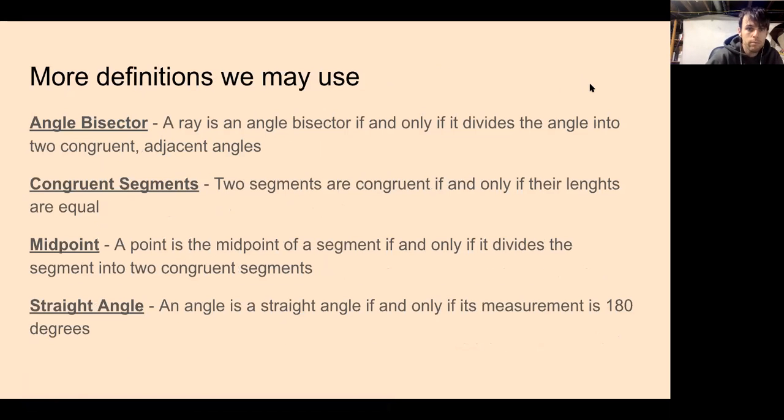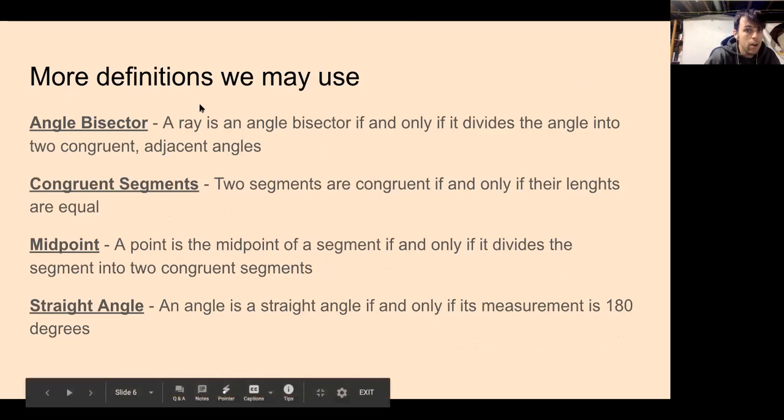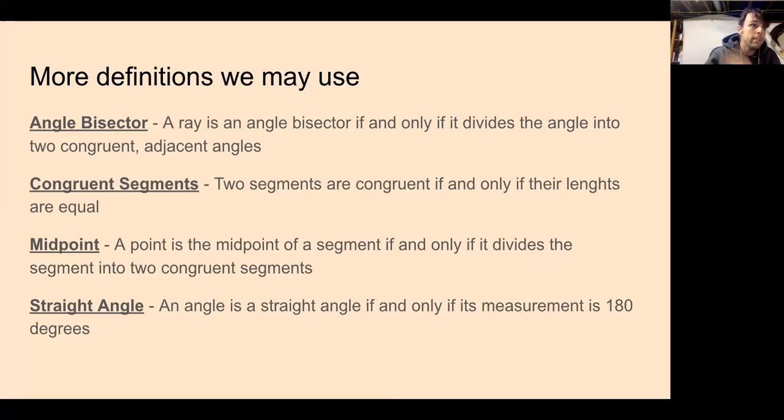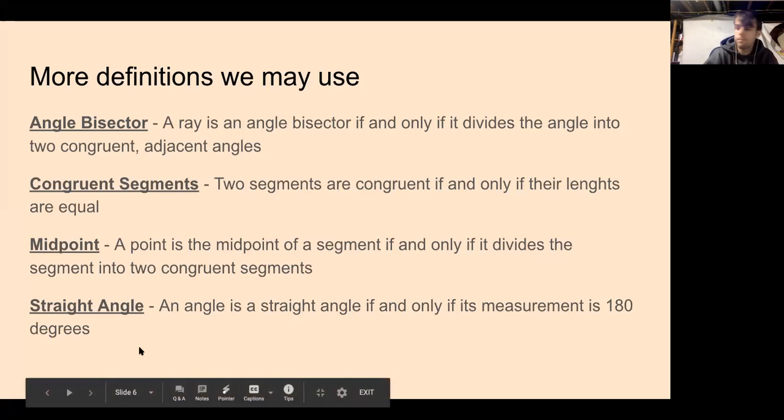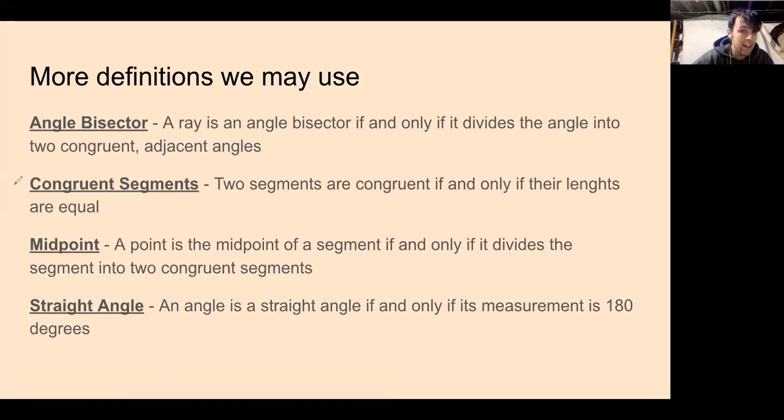So next page, some other definitions we'll need to know: an angle bisector, congruent segments, midpoint, straight angle. All these things are things we're going to need to be able to use as reasons during our proofs. One of them that may seem silly is this one, congruent segments, and also similarly congruent angles. It's just really important to know when you say two things are congruent, technically that's not the same thing as saying that they're equal.